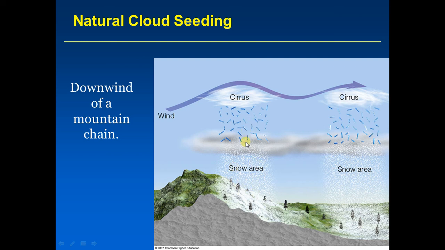Notice this snow, moderate to heavy snow, is falling from this cloud, perhaps nimbostratus, only in areas with cirrus clouds above to seed the clouds below.